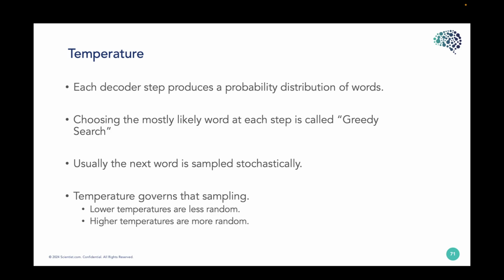Most of them sample words out of that distribution. So they randomly pull words out of that distribution, but they pull them in accordance with the underlying distribution. So you're more likely to get a word that is more likely to be your next token. And that's where you get this element of randomness, and temperature is what governs how random it is. So a lower temperature means less random.